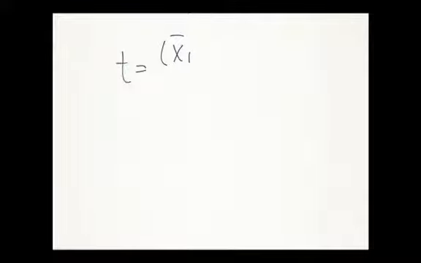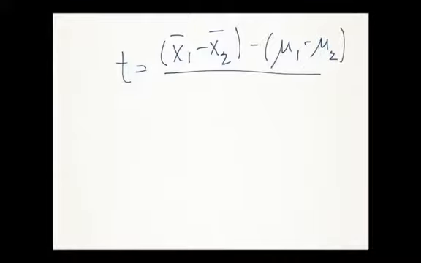So we're going to take x bar 1, the mean in the first group, minus x bar 2, the mean in the second group, minus their population means, okay, and then divide by an estimate of the variability, the standard deviation. So the sample standard deviation for x bar 1 minus x bar 2.